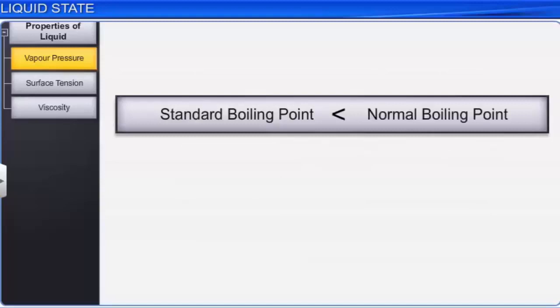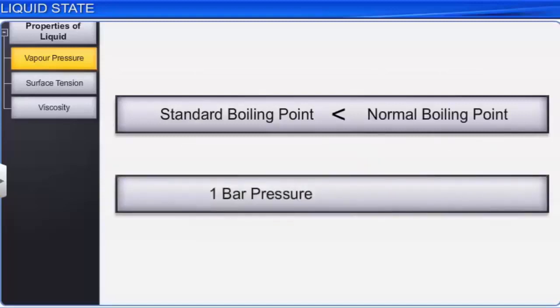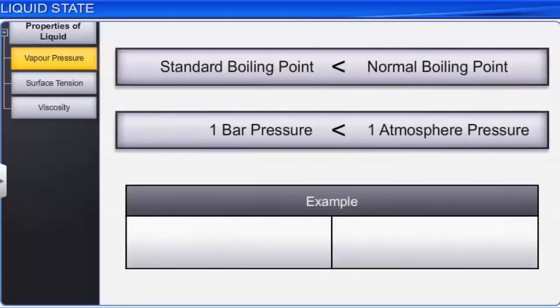For example, the standard boiling point of water is 99.6 degrees Celsius or 372.6 Kelvin. And the normal boiling point of water is 100 degrees Celsius or 373 Kelvin.